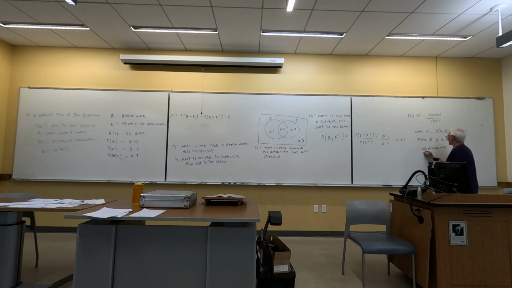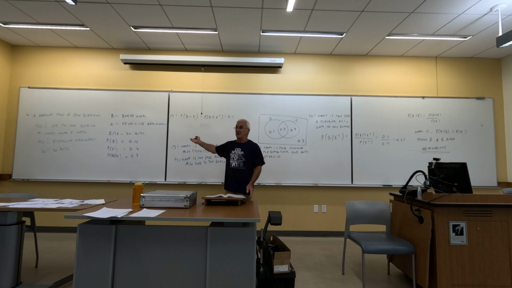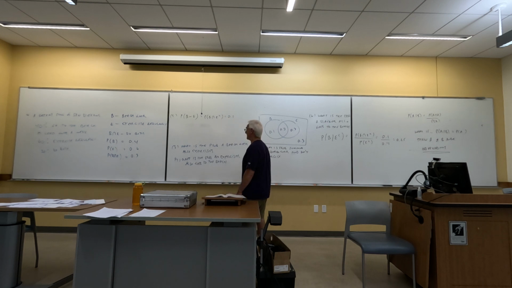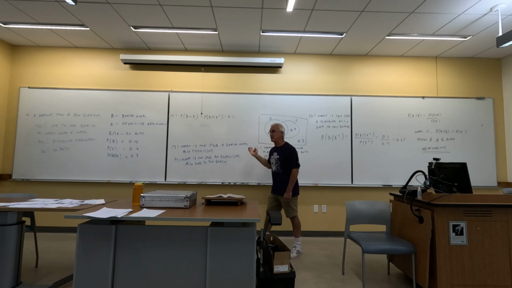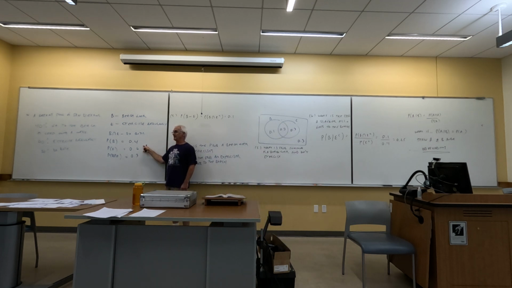The vast majority of the time, events are dependent. These events are obviously dependent. How do I know? Because the probability of B given E, or the probability of E given B, we calculated, but neither one of those was equal to these probabilities, were they?